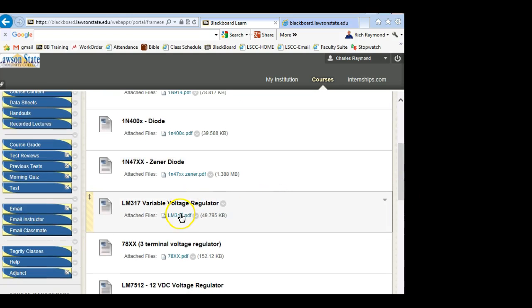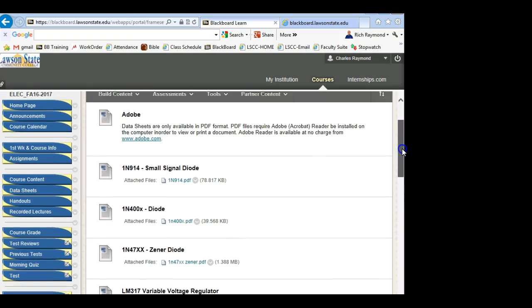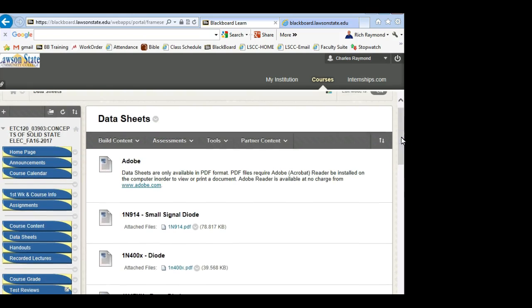In fact, we'll actually open up the trainer and look at these. They're pretty neat. So right now we're looking at, I think our lab is going to be on a 1N914, which is what we call a small signal diode, which means these are not normally used for rectifiers. They're used for signal handling.